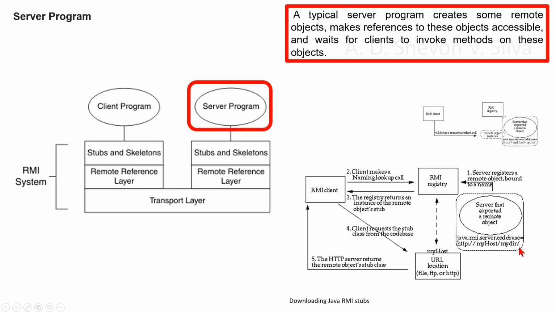The Java RMI server registers the remote object bound to a name with the RMI registry. The codebase set on the server VM is annotated to the remote object reference in the Java RMI registry.